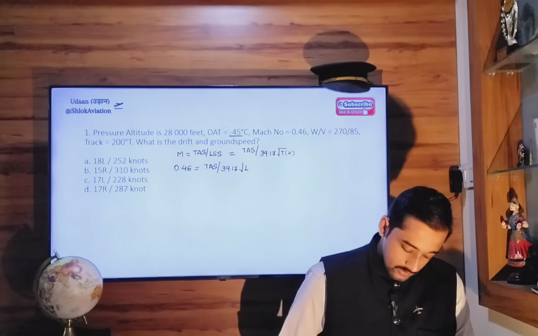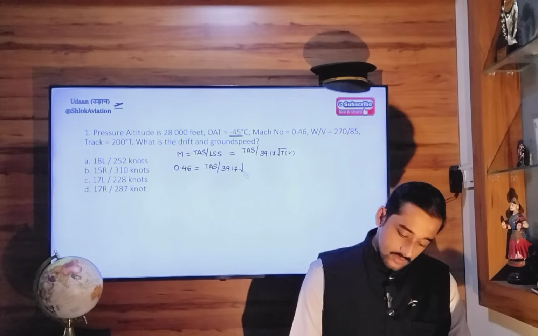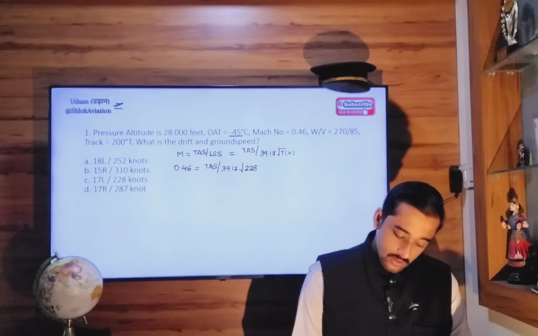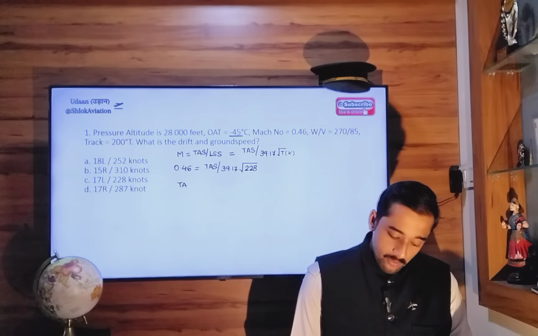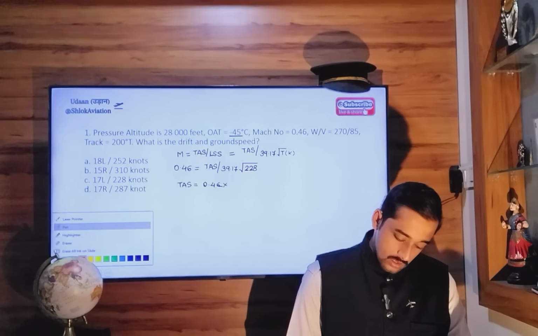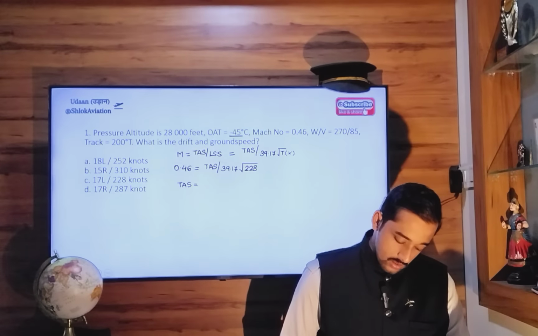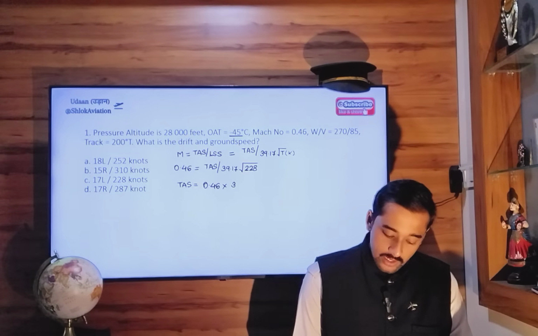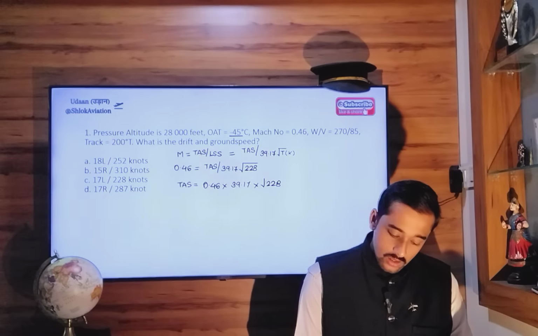So root of 228. True airspeed will be 0.46 into 39.17 into root of 228.